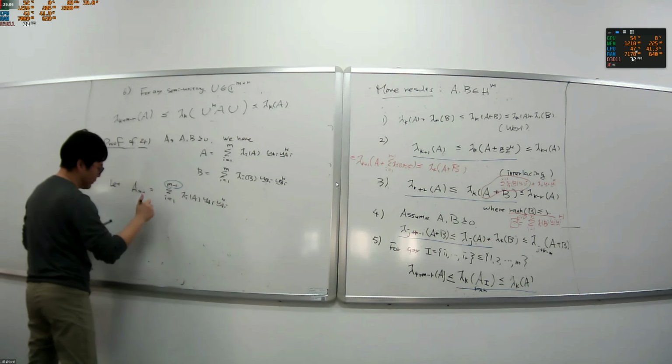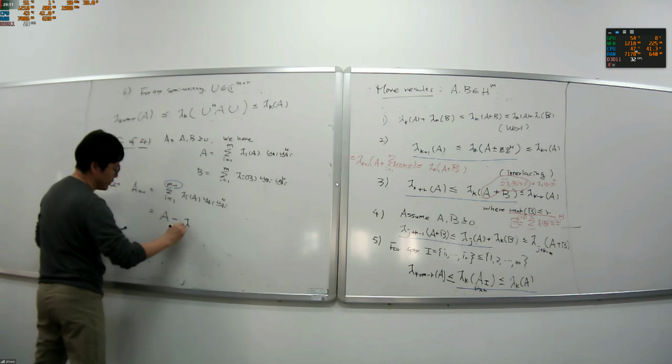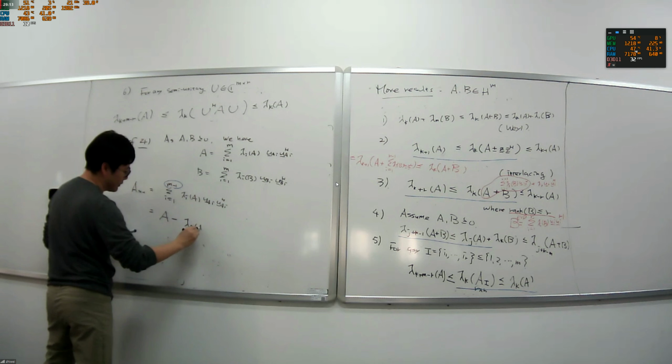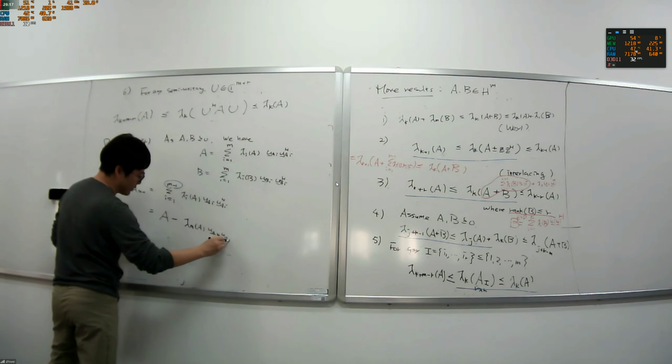Then this matrix can be written as A minus its last rank 1 component.